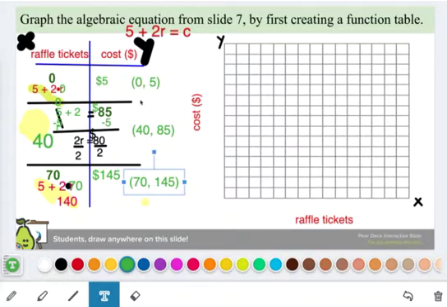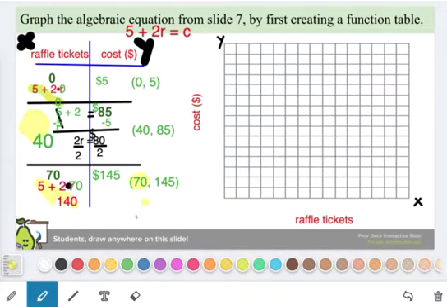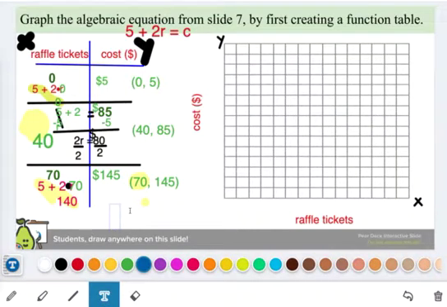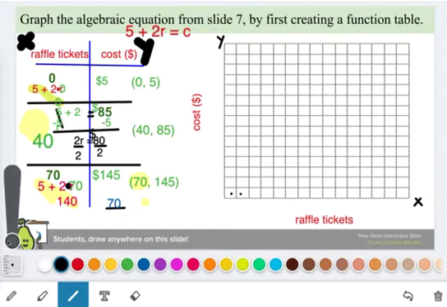All these numbers, 0, 40, 70, are from right here, the number of raffle tickets. That goes here. Our biggest number is 70, our biggest amount of raffle tickets. So you need to take that number 70 divided by how many boxes there are. Let me show you what I'm doing.